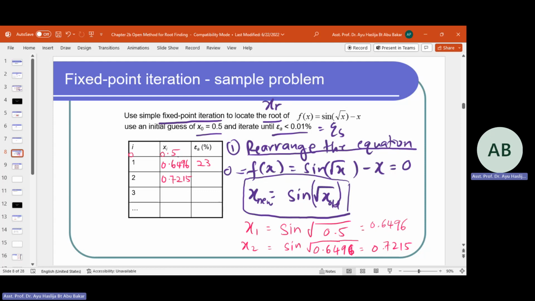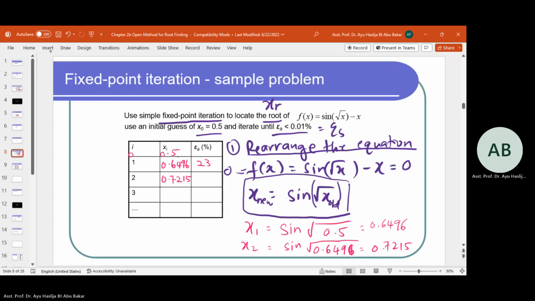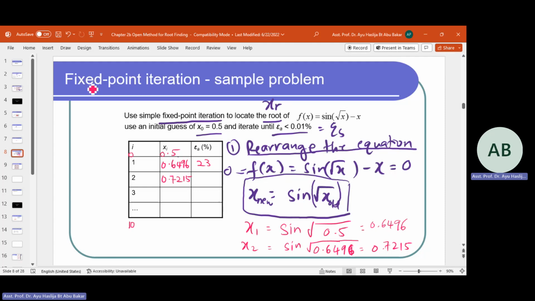Consistently use 5 significant figures or 4 decimal points. Okay, until iteration 10, 0.7686, is it? Right. 7686.